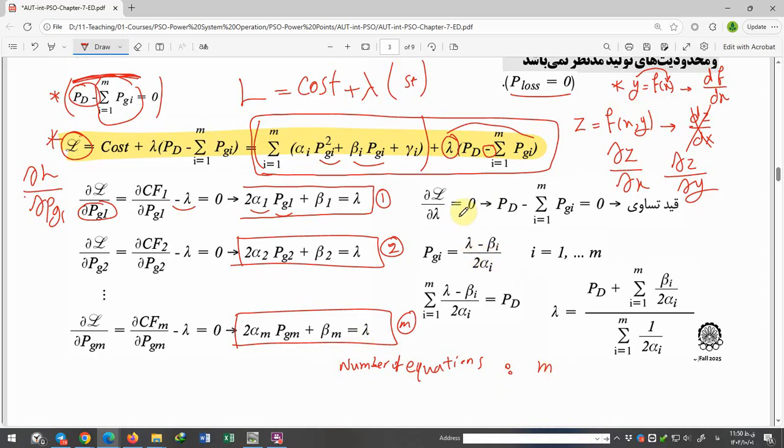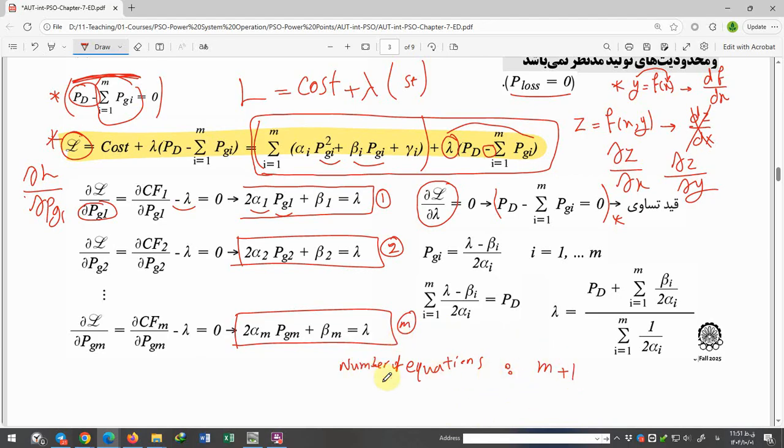Another equation is the derivative of Lagrange on lambda, that gives this constraint of balancing of power, and this is another equation.